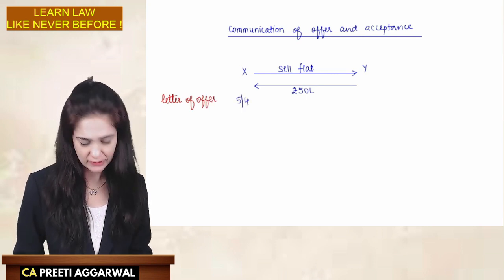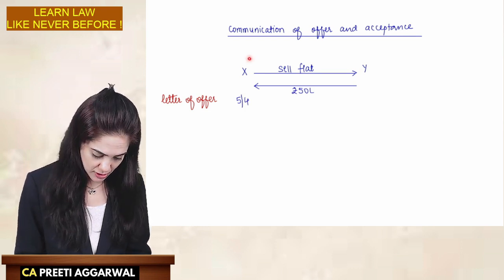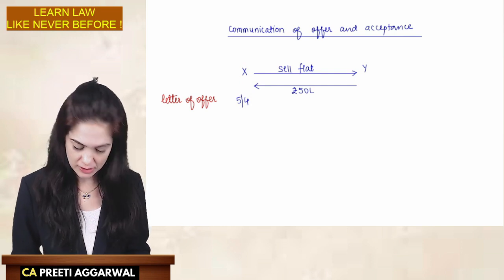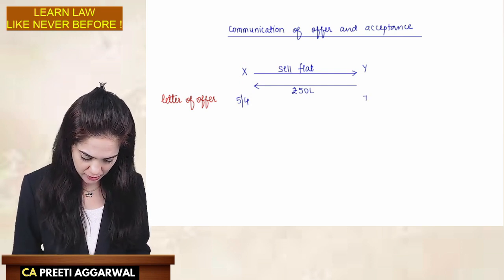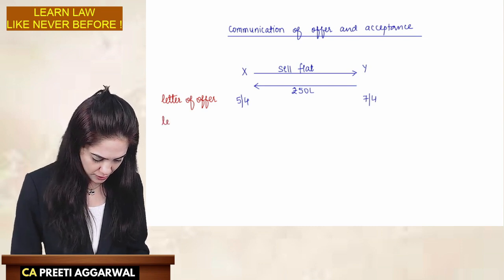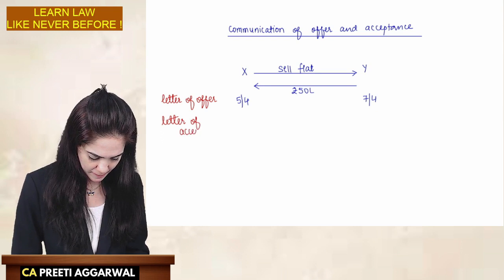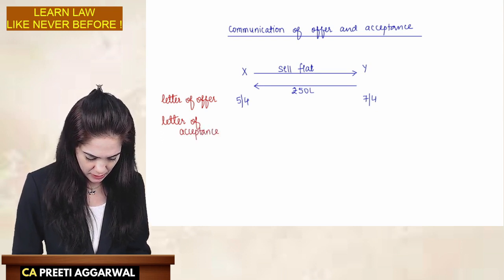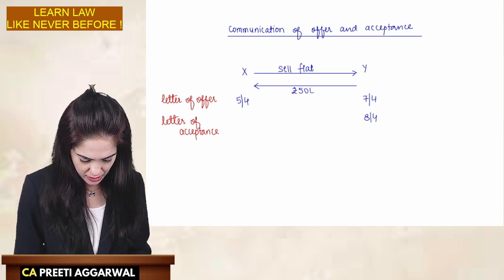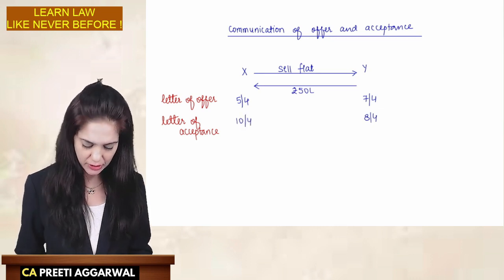See how I'm writing. He wrote and posted the letter on 5th of April. It reached Y on 7th April. Y wrote his letter of acceptance and posted his letter on 8th of April, which reached X on 10th of April.